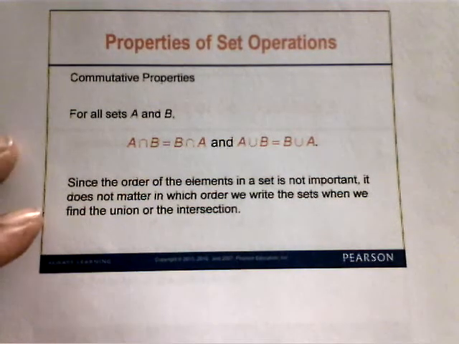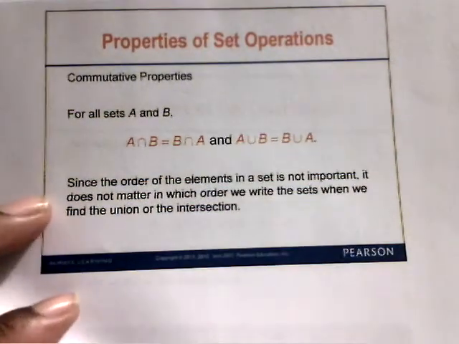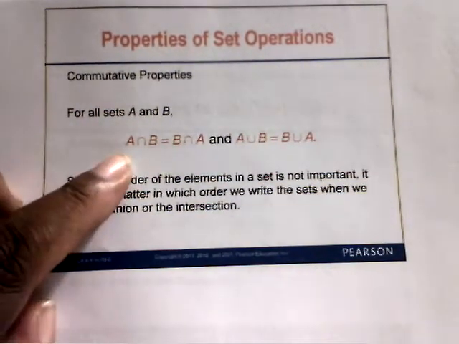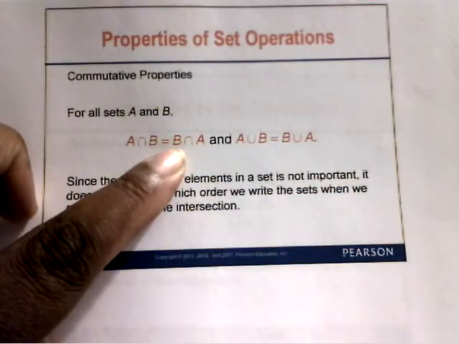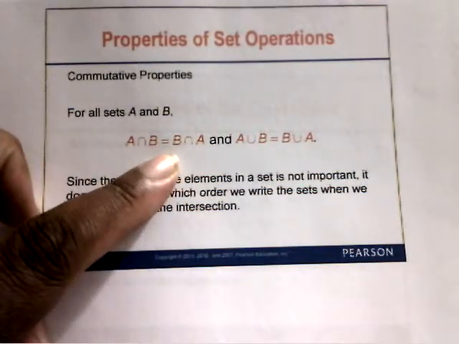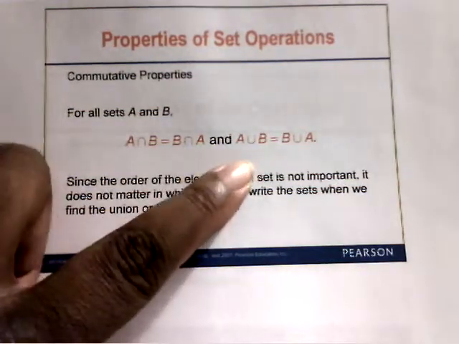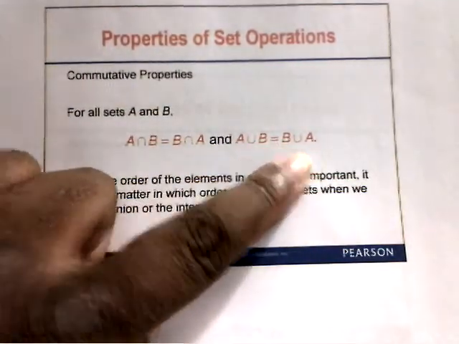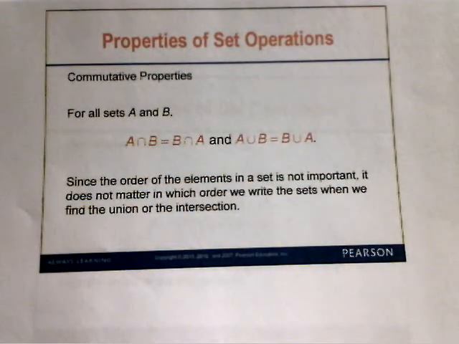Properties of set operations is the next thing we'll look at. The first thing is the commutative property. For all sets A and B, the intersection of A and B is the same as the intersection of B and A. And the union of A and B is the same as the union of B and A. Since the order of the elements in a set is not important, it does not matter in which order we write the sets when we find the union or the intersection.